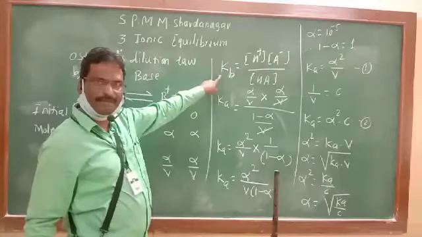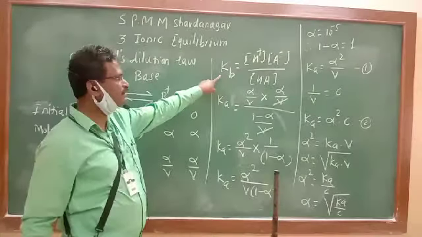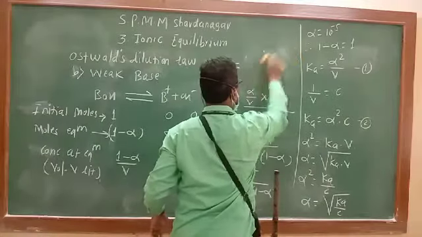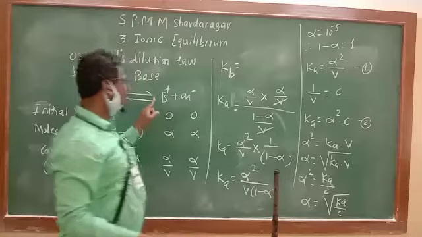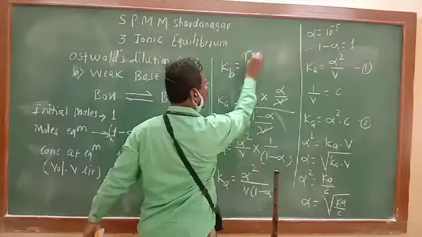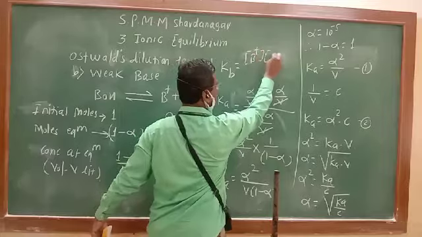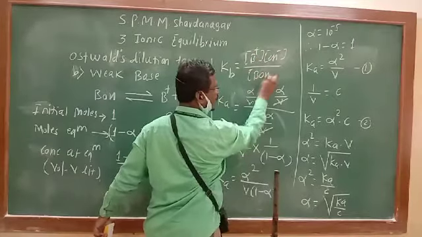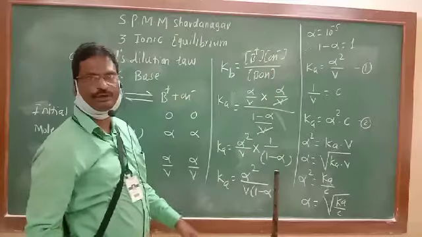The dissociation constant of the base is Kb. Here we apply the law of mass action for this equilibrium and we get Kb equal to concentration of B plus into OH minus divided by concentration of BOH.